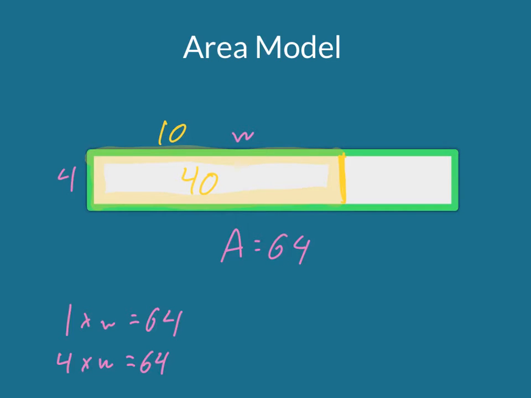So if I go 64 minus 40, I can subtract these, and I know the area of this box has to be 24.